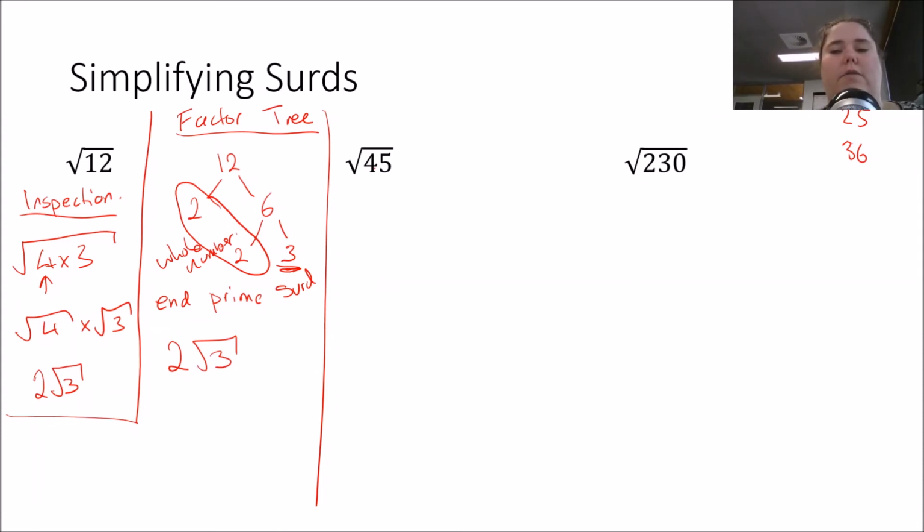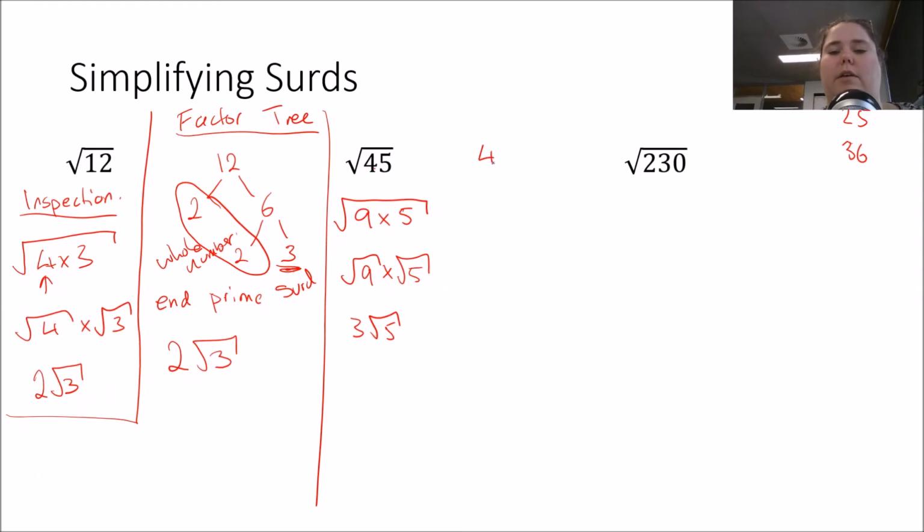Alright, 45. So once again, I can do it by inspection, or that one becomes root 9 times 5, which becomes square root of 9 times square root of 5, which becomes 3 root 5. So that's my inspection method.